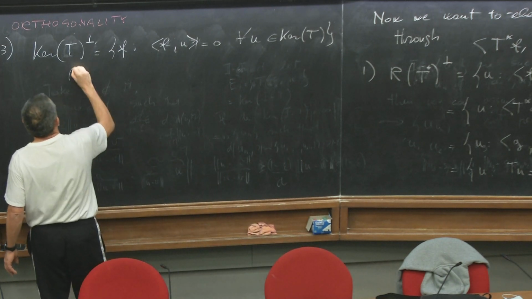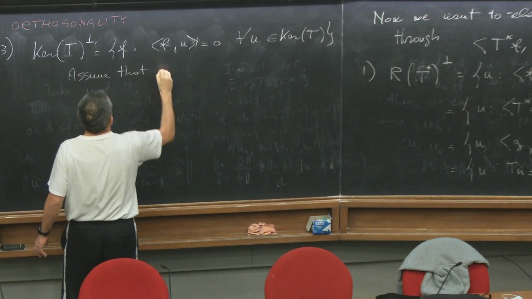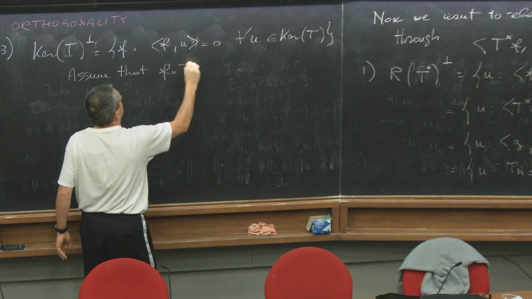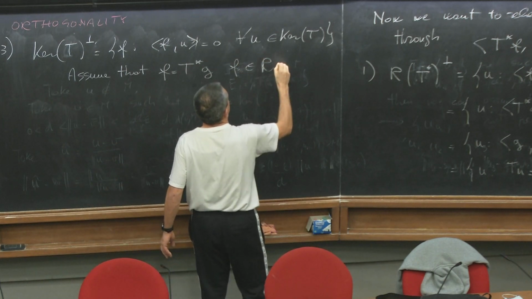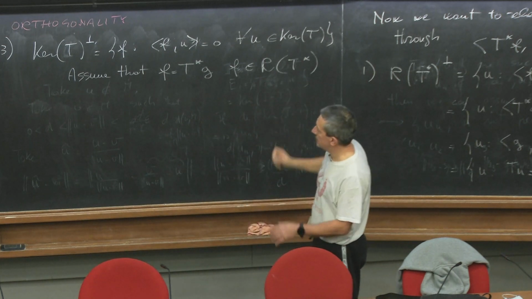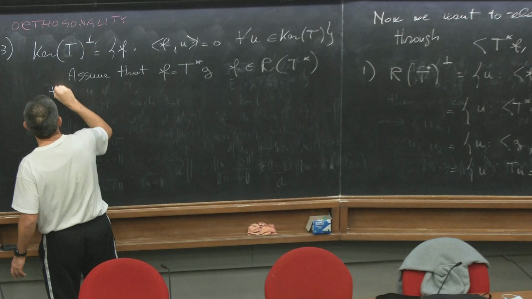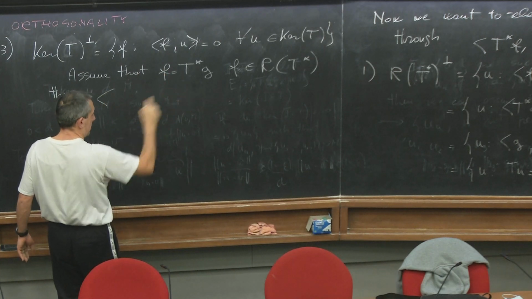So now assume that F is equal to T star G, so F is in the range of T star. Then I apply the duality relation.